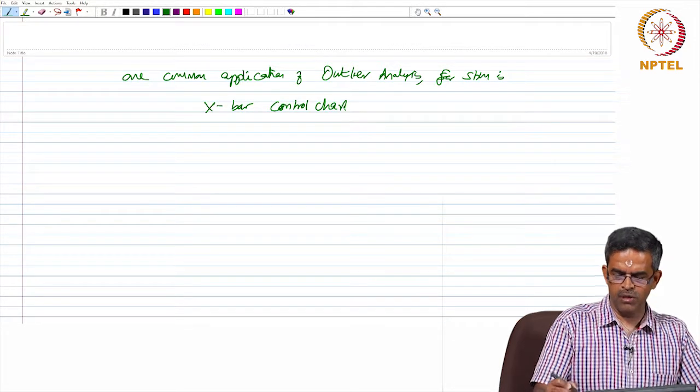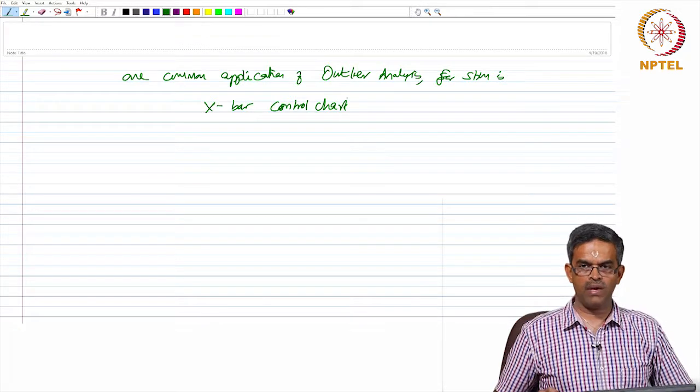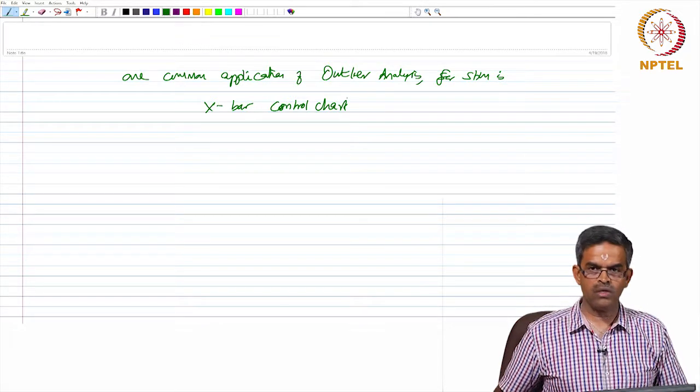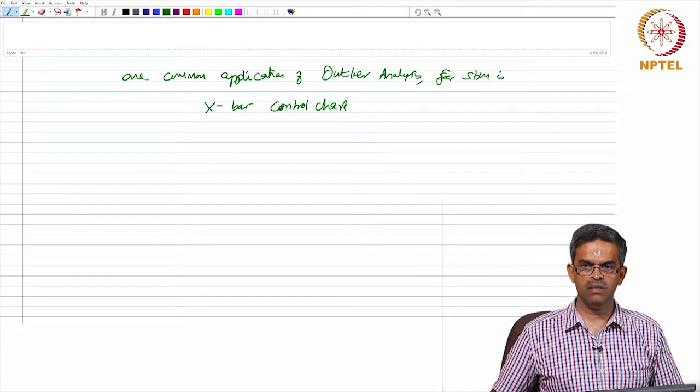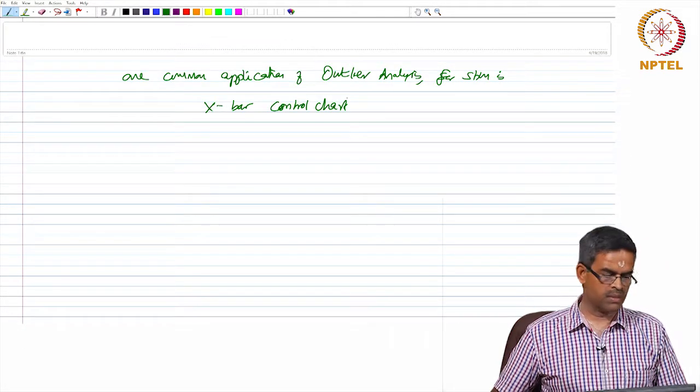We will not be able to discuss more detail about the specific application. You can look into Fugate et al. 2000 to learn more about the X bar control chart and its application as far as SPR is concerned.